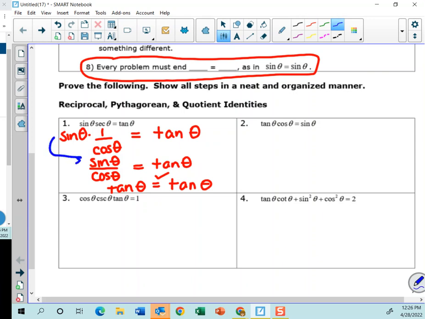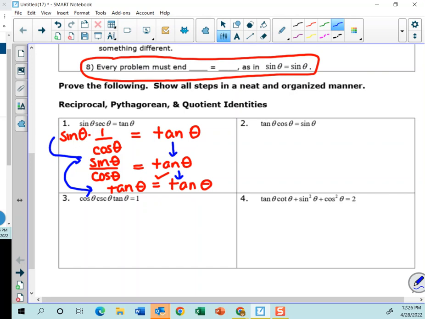I should be able to read your proof kind of down one side and see how one side changes to become the other. And some students, if you just want to carry that down, you don't necessarily have to write it on every line. The more organized you are, though, the more successful you tend to be doing these.